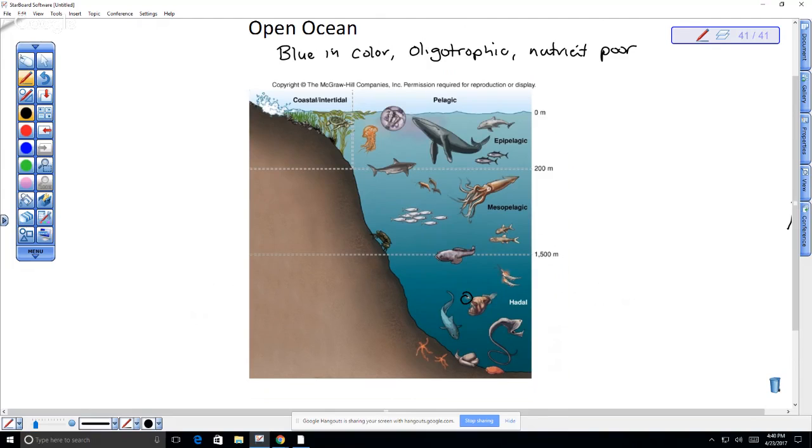This first zone corresponds primarily to the amount of light that reaches down. This is where most of the light is, and this is where most of the animals are. So this is the euphotic zone, which is called the epipelagic, and this is where most animals live.